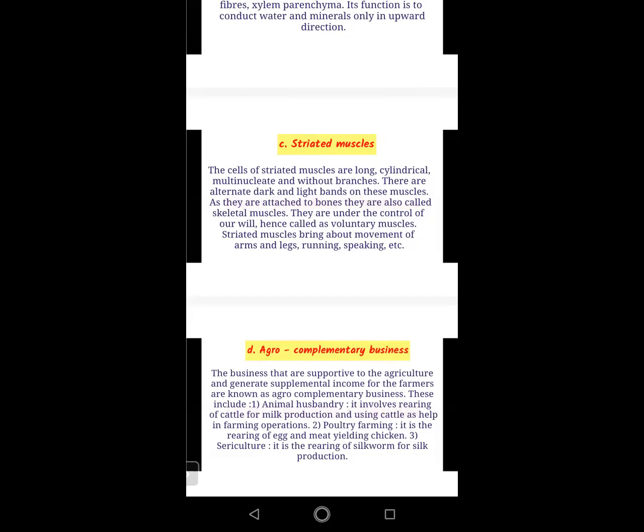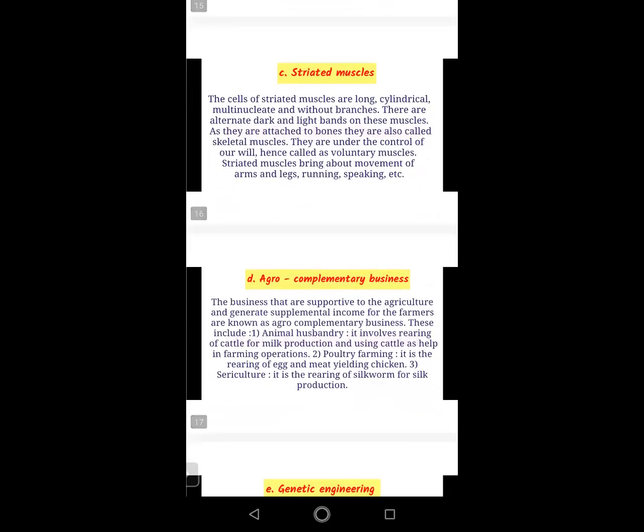Now we will look at businesses that are supportive to agriculture, that put some kind of support to agriculture and generate supplemental income for the farmers. Supplemental income means income other than cultivation of crops. They do get income from crops, but if they want to make more income, it is called supplemental income for the farmers. These are known as agro complementary businesses.